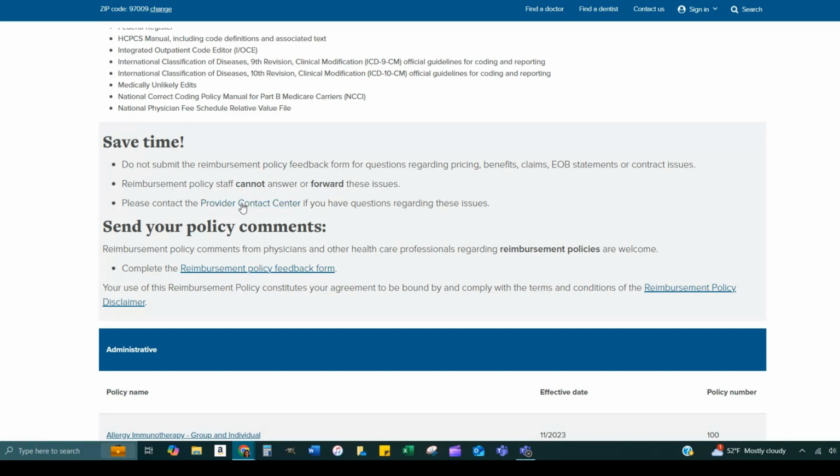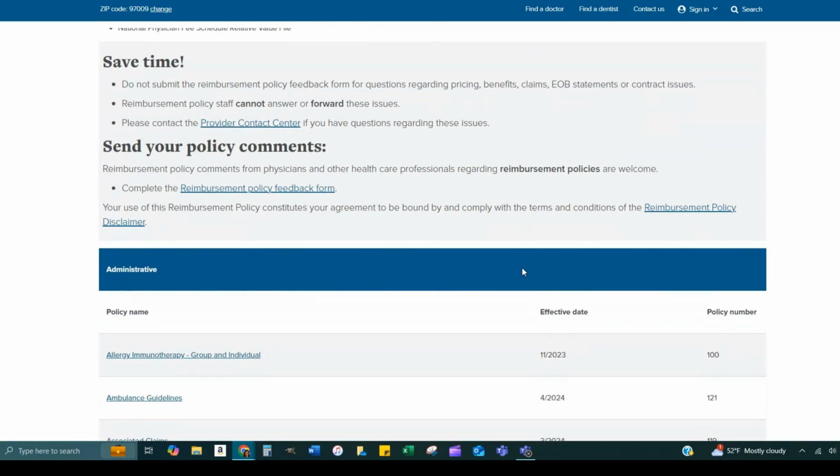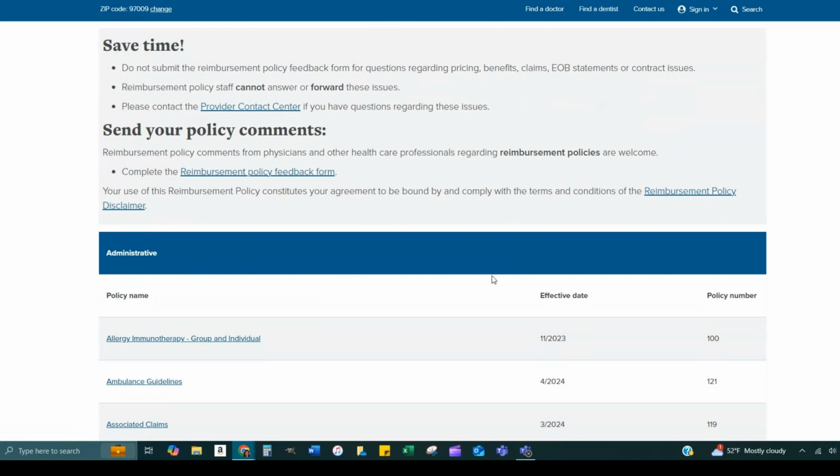Please contact the provider contact center. Bam. So if you have any questions regarding pricing, benefits, claims, EOBs, or contract issues, they have the link right here. And then they want some feedback, which is nice. Not all payers do, but you can see that they do encourage that and they make it easy to do if you have some things that you would like to put in there.